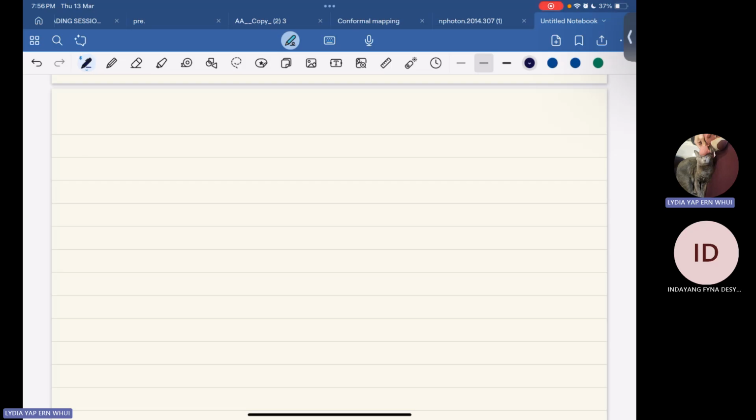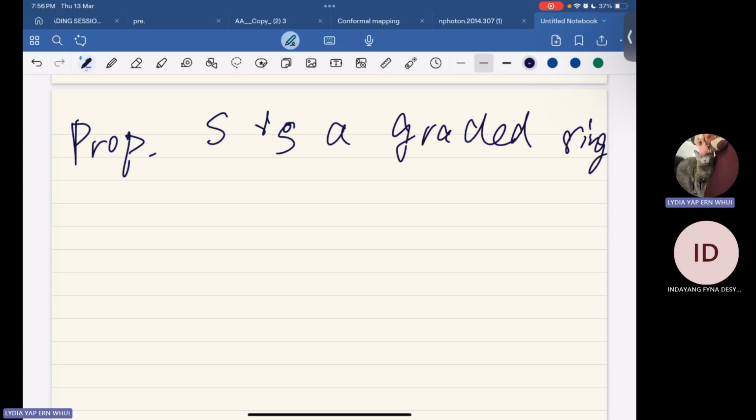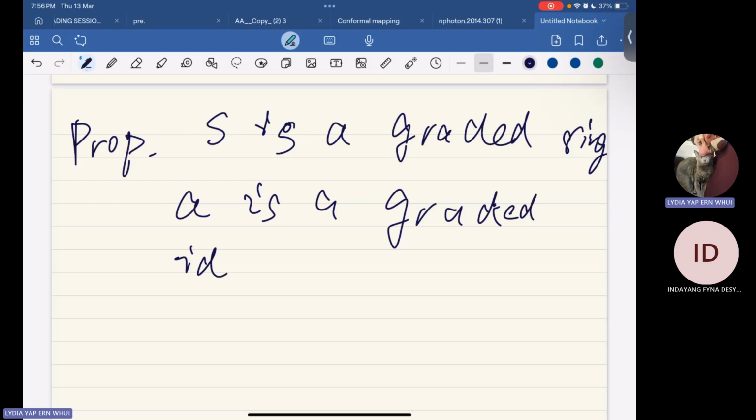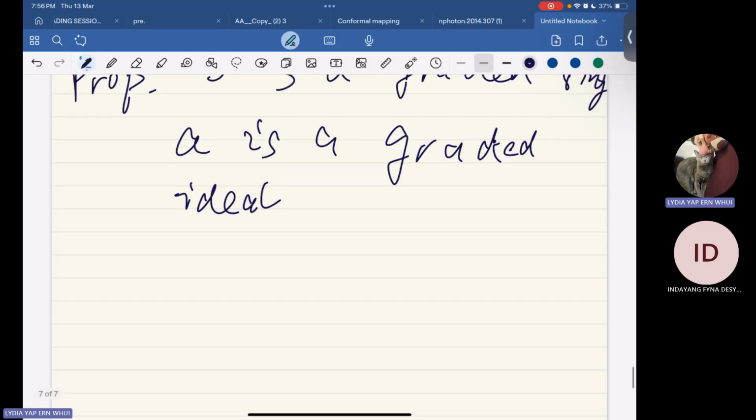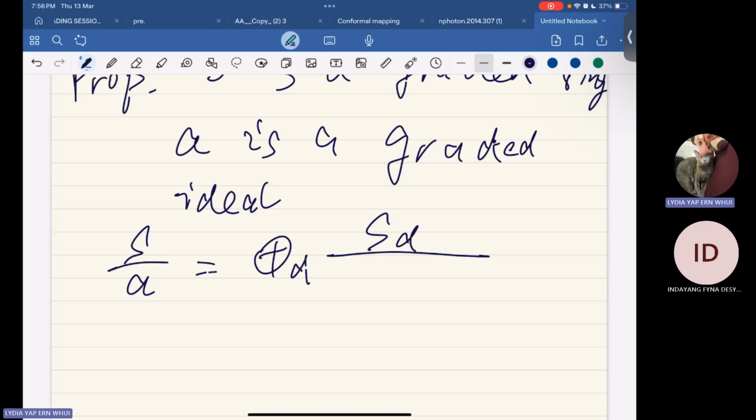Here is a proposition: if S is a graded ring and A is a graded ideal of S, then our claim is that S quotient A will also be a graded ring, and it will equal the direct sum of S_d quotient (A intersection S_d).